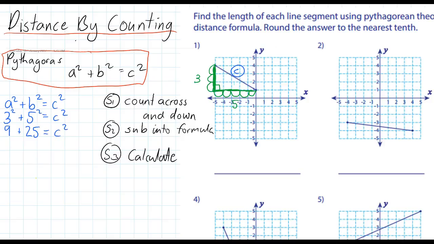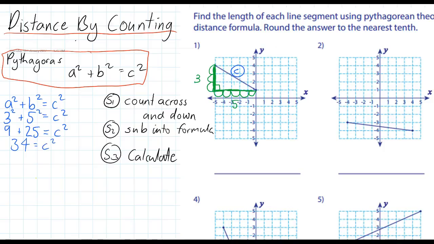equals c squared. My next step is to add my two things. So 9 plus 25 is 34. So 34 equals my c squared.